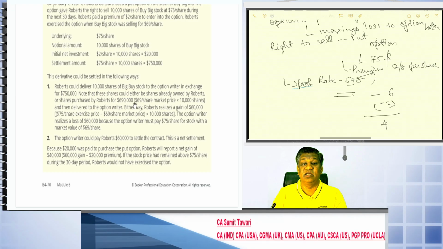Note that these shares could either be shares already owned by Robert or shares purchased by Robert from the market for 6,90,000. Either way, Robert realizes the gain of 60,000, minus the 20,000 premium, and the option writer realizes the loss of 60,000 because the option writer must pay 7,50,000.